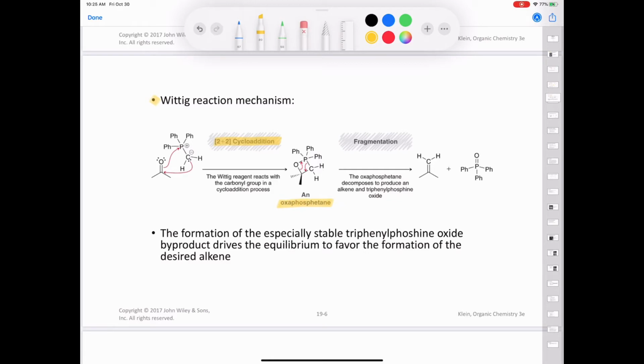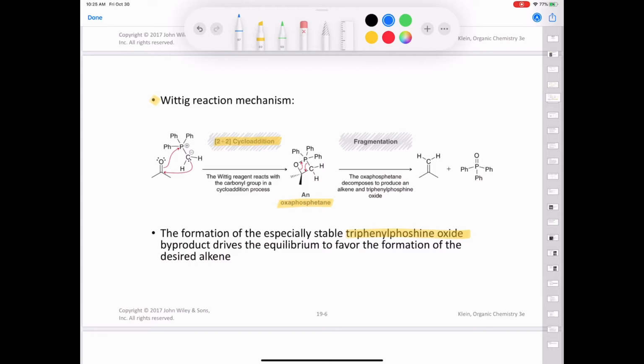The oxaphosphetane can then undergo a decomposition to produce triphenylphosphine oxide, shown here, and the alkene. The formation of this especially stable triphenylphosphine oxide byproduct drives the equilibrium to favor the formation of the desired alkene.